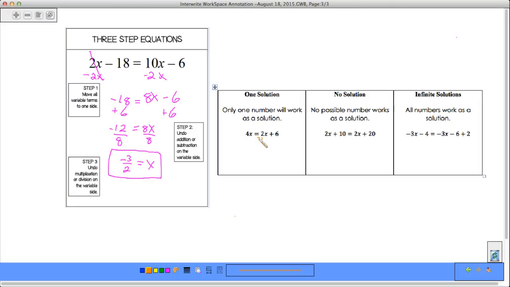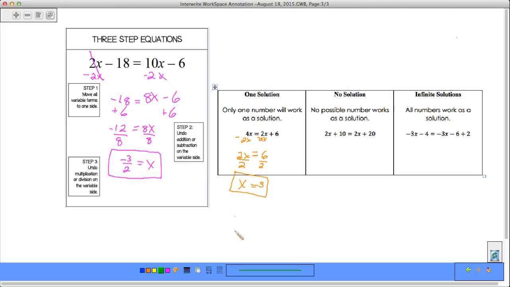So I'm going to subtract 2x, which will give me 2x equals 6. From there, I divide. To undo the multiplication, I'm going to divide by 2, because I have 2 times x. So the inverse of multiplication is division. Leaves me with x equals 3. So that has one unique solution. 3 is the only thing I can plug in here to make the left side equal the right.